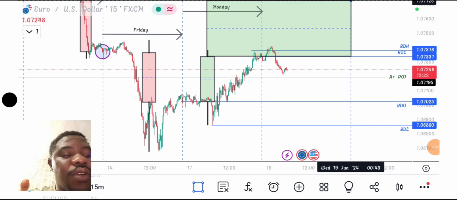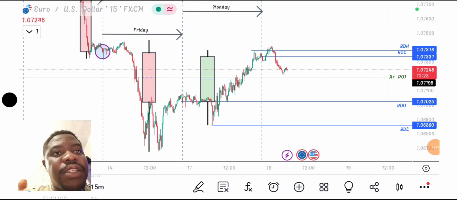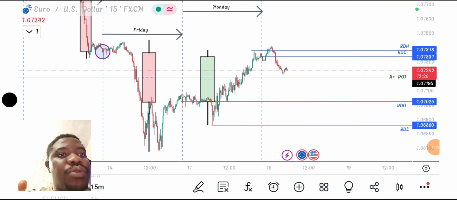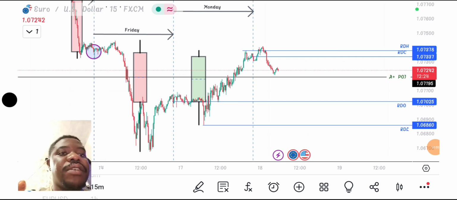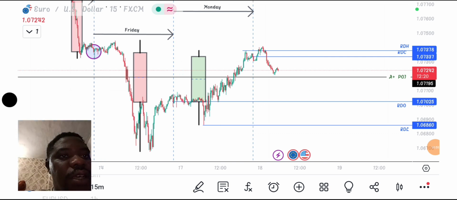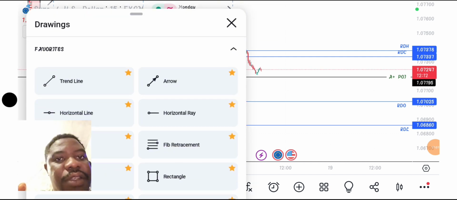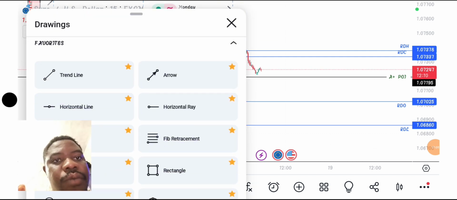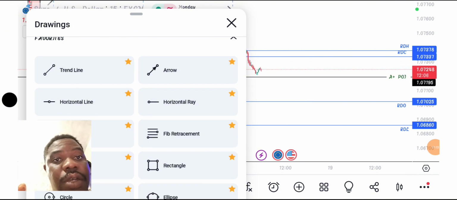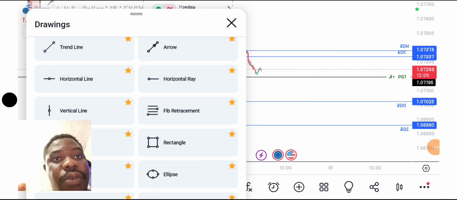So what are the things I need to have price do before I could jump in on the buyers for now, and sell or buy? We already have price in the Asian session sweeping the high of the day. I'm not sure we might come back to the high of the day, which is this, the high of the day on this Tuesday we are in currently.